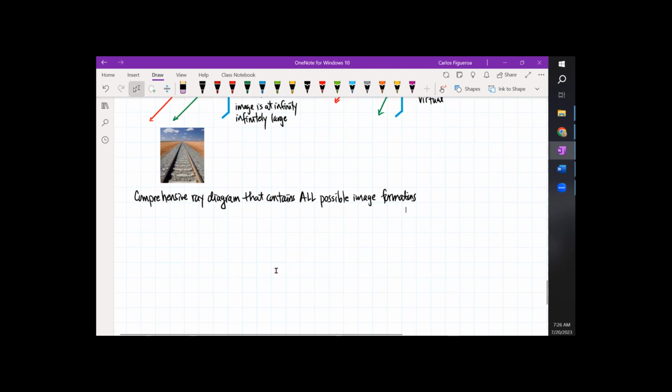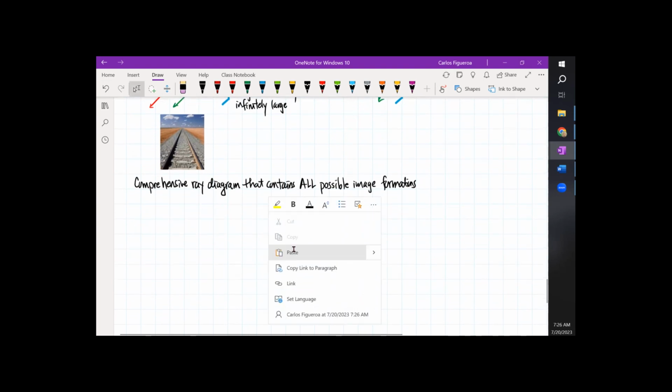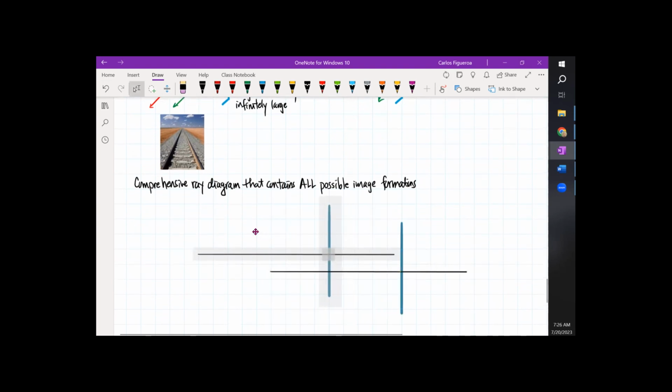And so I just copied this from the previous one, and I'm going to leave it right here.